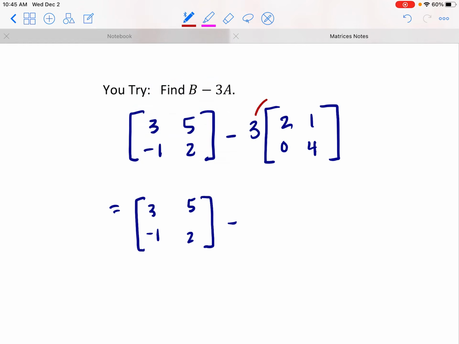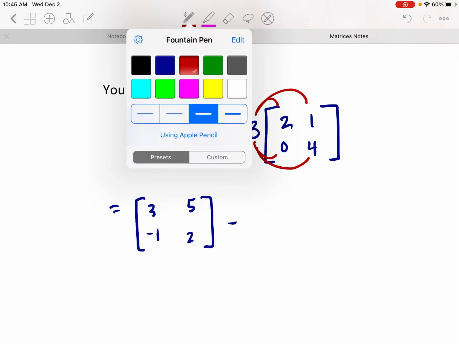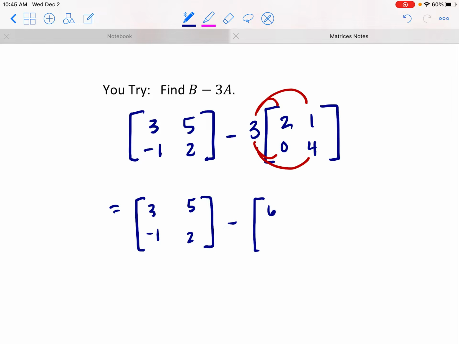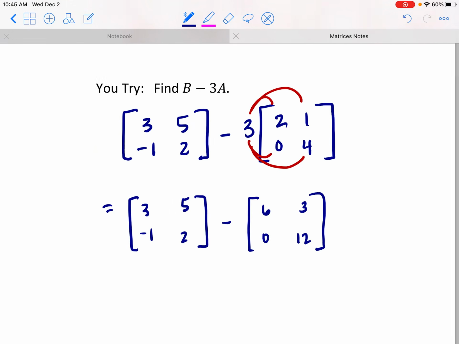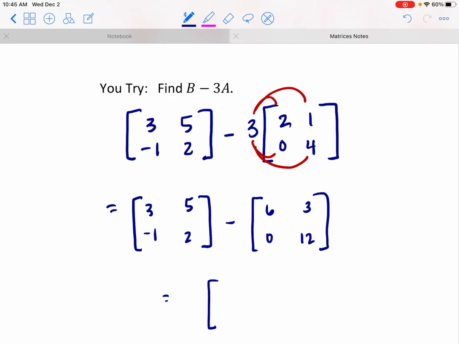If I distribute just the 3 to these guys, then I'm going to have left 6, 3, 0, and 12, and now I can subtract, and so my final answer is going to be 3 minus 6, and 3 minus 6 is going to be a negative 3, and then 5 minus 3, which is going to be 2, and then we're looking at negative 1 minus 0, which is going to still be a negative 1 here. And lastly, 2 minus 12, which is going to give me a negative 10 in that last spot.